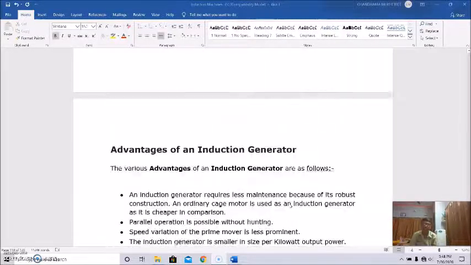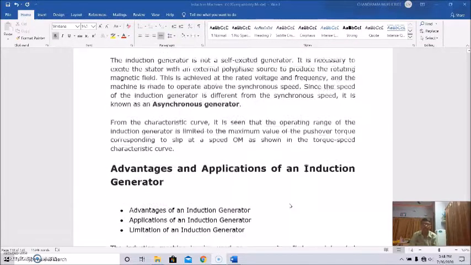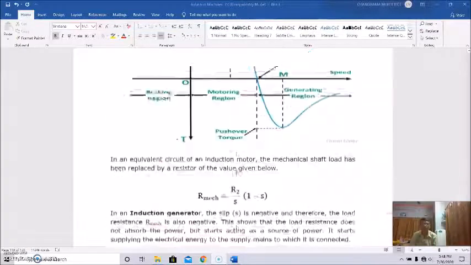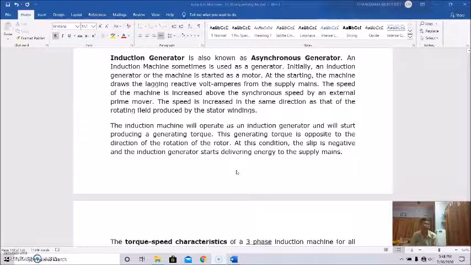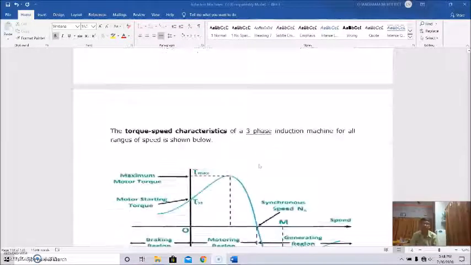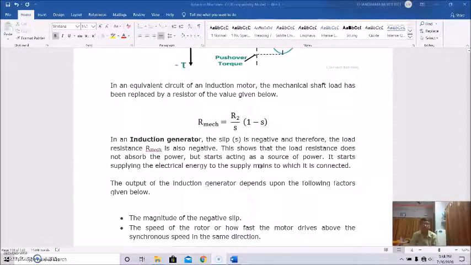Once again, from the torque-speed characteristic, we have seen how the induction machine is used in the generating region, and then from its equivalent circuit we have seen how the mechanical resistance, instead of absorbing power, delivers power to the supply mains.